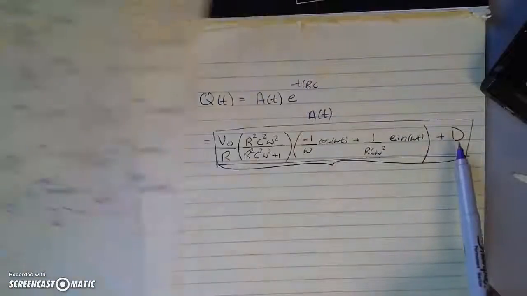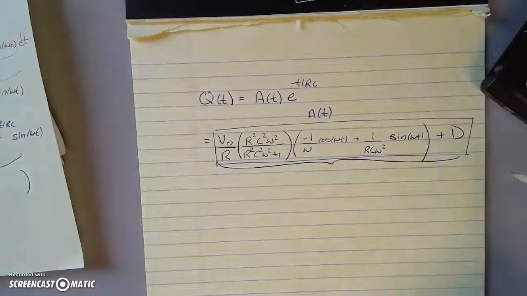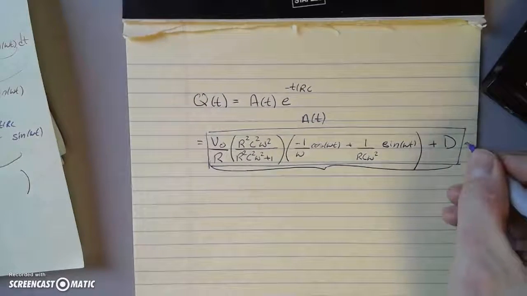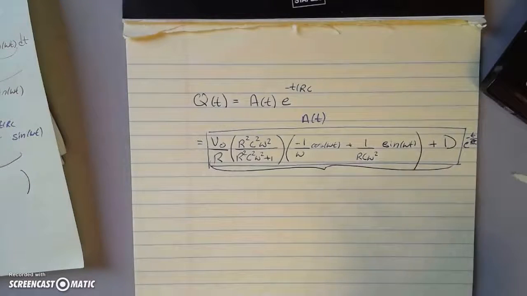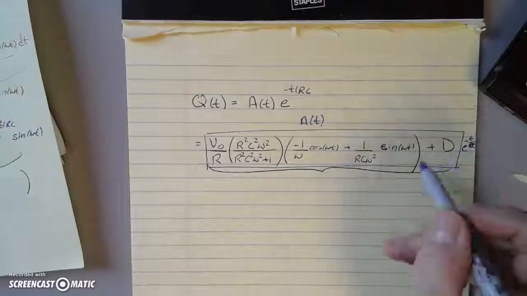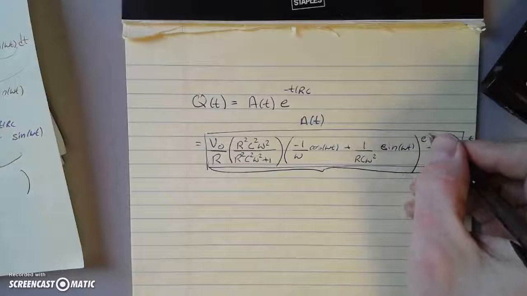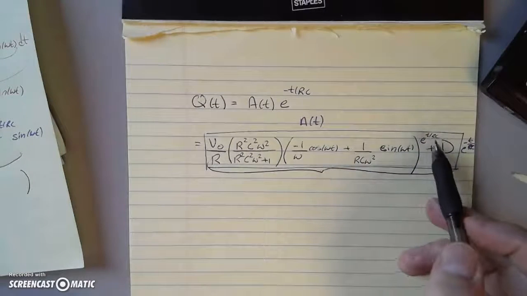So I have to add an integration constant in here by hand, and this is really important so that when I multiply by this e to the minus t over rc, I don't wipe out the only exponential.